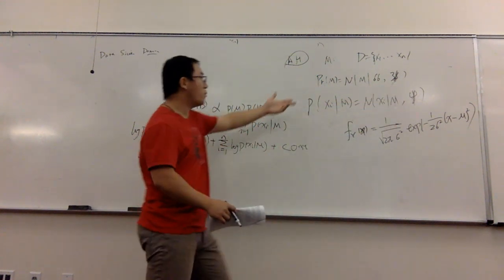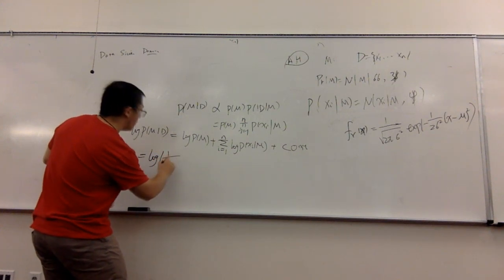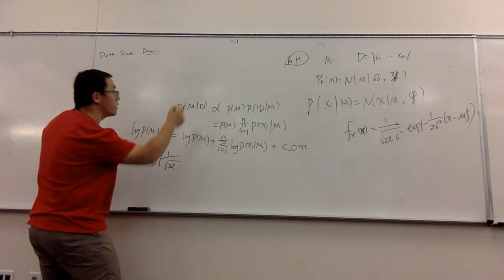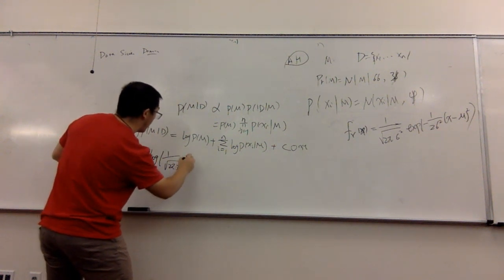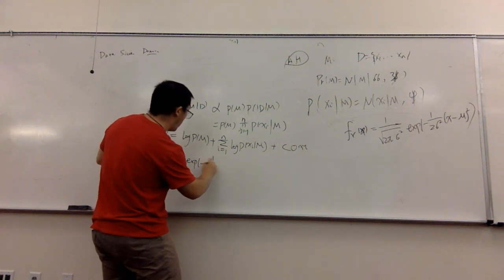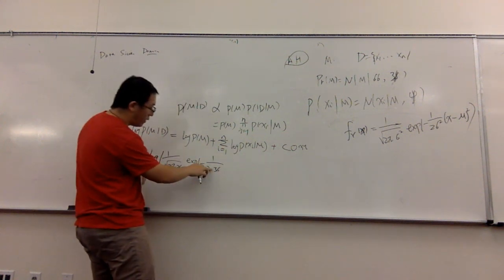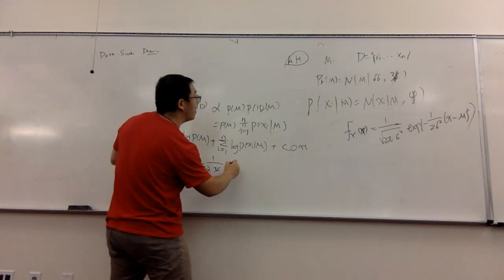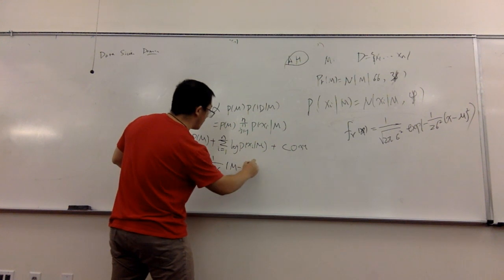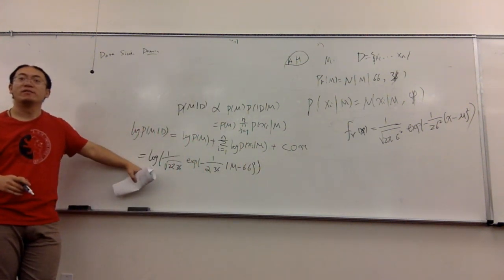So we just replace the numbers into here. We take the logarithm over this, 1 over 2 pi. The sigma squared is the variance, which is 36 here. And then exponential to minus 1 over 2 times the variance, which is 2 times 36, and then m minus the mean, 66, squared. So this is the log of the prior.